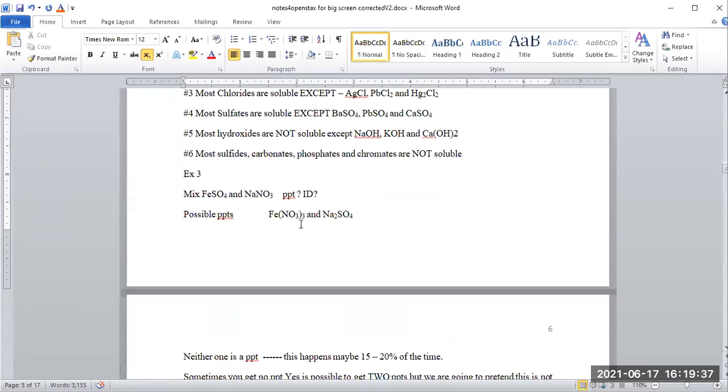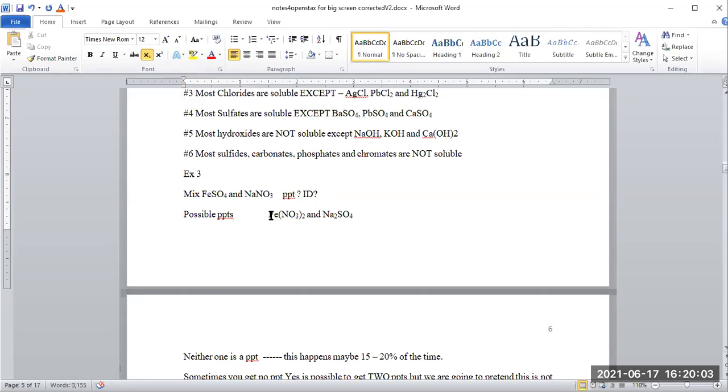I have iron 2 sulfate, and I put the wrong subscript here. This is supposed to be a little 2. Yeah, I screwed that up. So my two possibilities were iron 2 nitrate, so first and last, or sodium sulfate. So I start going through eliminations.